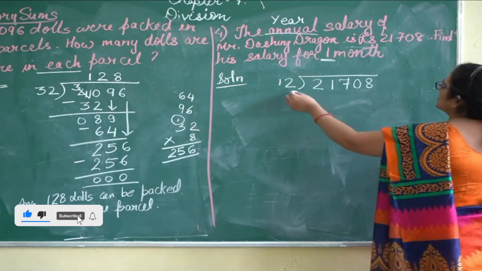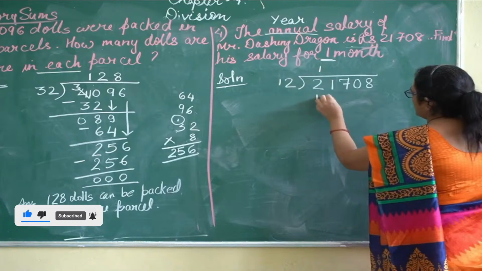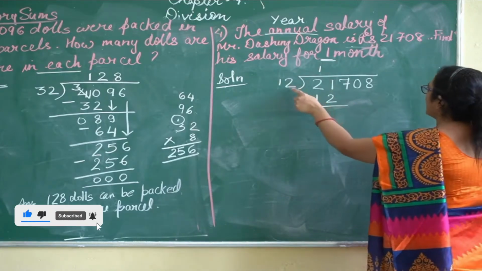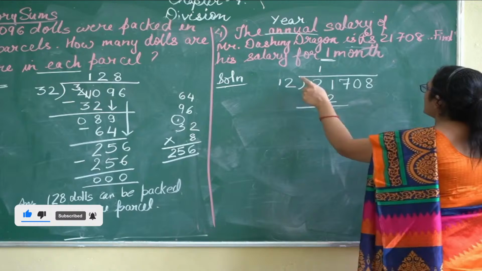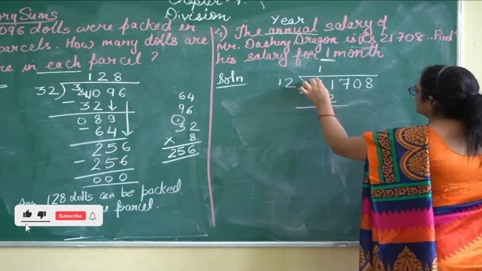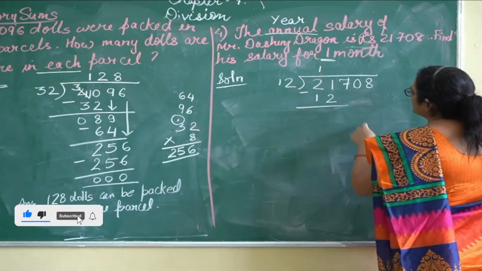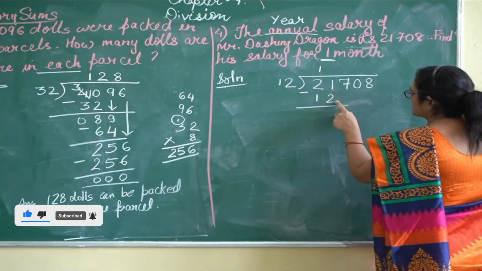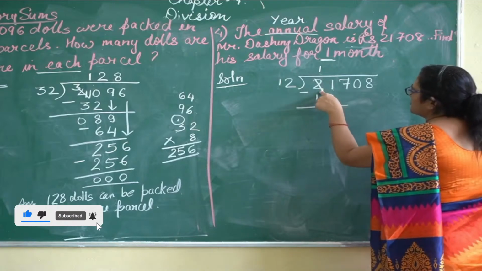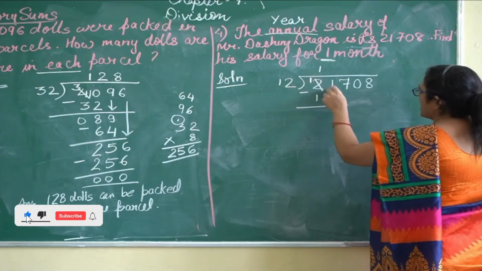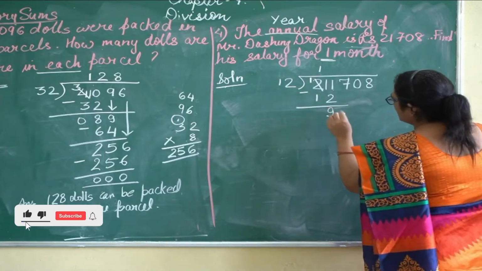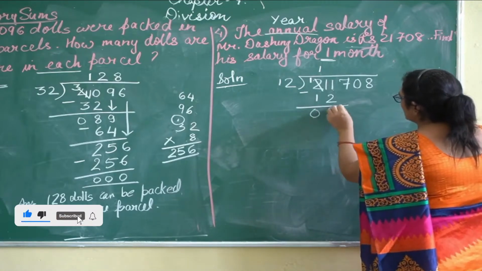How will you do it? 12 ones are 12. 12 twos are 24. 24 is greater than 21. We have to take 1 time only. 12 ones are 12. Next step, subtraction. Can we subtract 1 minus 2? No. What do we have to do? Borrow. We will take the borrow from 2. 2 will become 1 and this 1 will become 11. 11 minus 2 is 9. 1 minus 1 is 0.